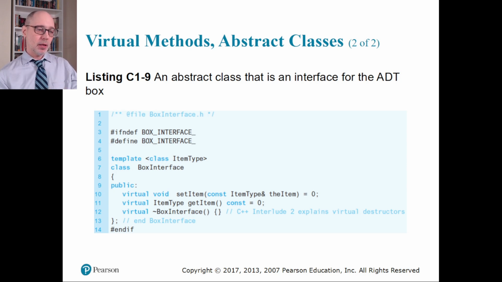Having specified virtual member functions all the way through the chain, we can start using polymorphism while the program's running to call the correct version of the different functions. That's what we're going to do when we review Interlude 2 later on.